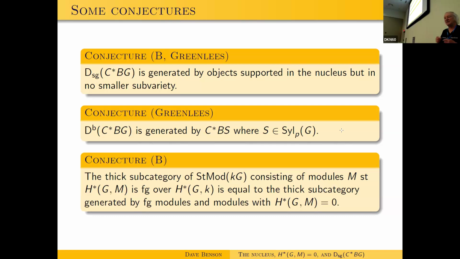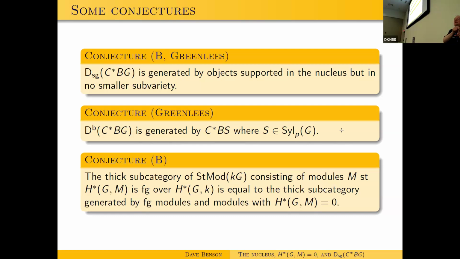So here's another conjecture which I came up with, which we proved was equivalent to Greenlees' conjecture. It doesn't at all look similar. So here's what you do. You take the stable module category and you take all the modules with no cohomology, and you take all the finitely generated modules.